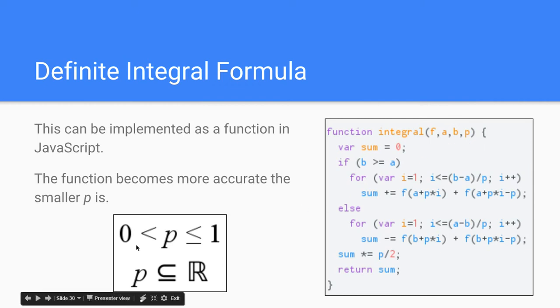So p can be anywhere between 0 and 1, but it can't be 0. But it can be 1, and it's a subset of all the real numbers. So you can say like 0.0001, and the smaller it is, the more accurate an estimation of your integral it will give you.